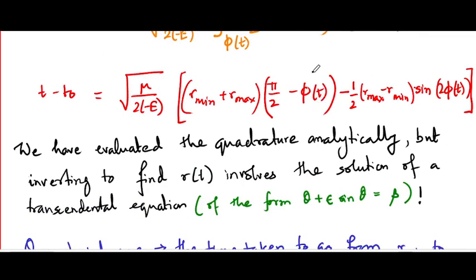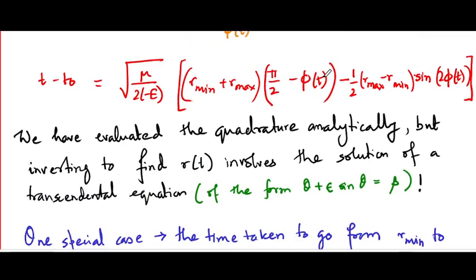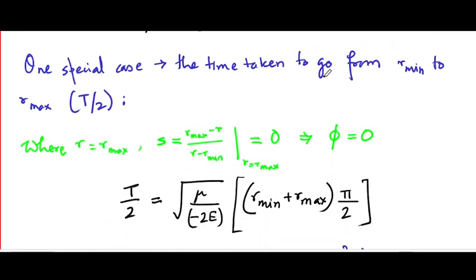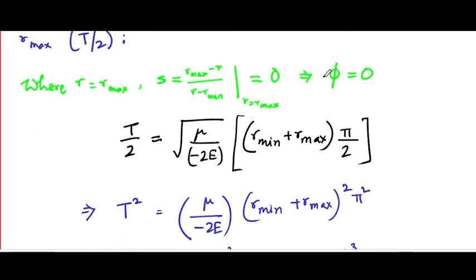This one goes away, this drops out, and you are left with capital T by 2, the value of t minus t0 here, is square root of mu by minus twice e times Rmin plus Rmax into pi by 2. Therefore, T square is simply mu over minus twice e times Rmin plus Rmax whole square into pi square. These twos, of course, cancel each other out.